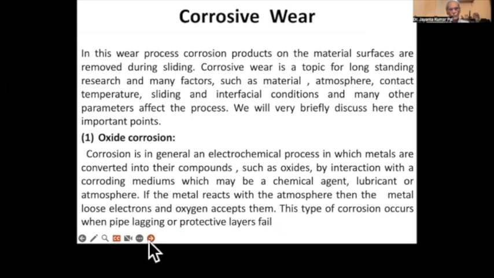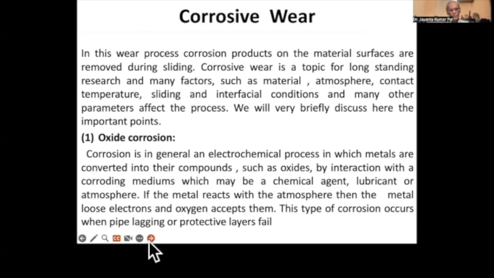Now we look at corrosive wear in more detail. There are very many different types of corrosion, and depending on the type, we have to arrange the remedy. Say, oxide corrosion.